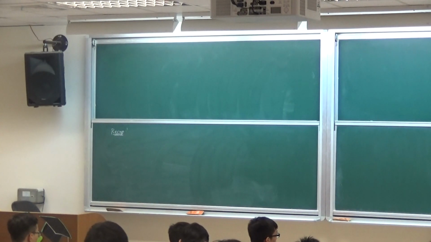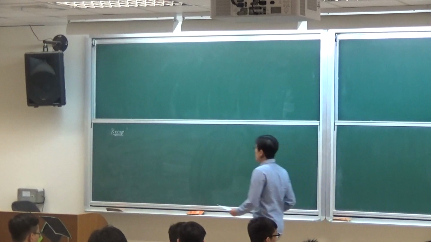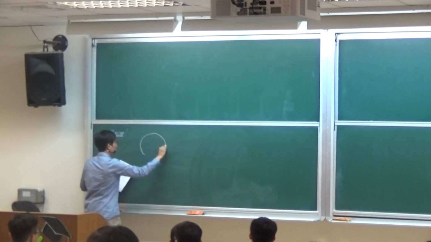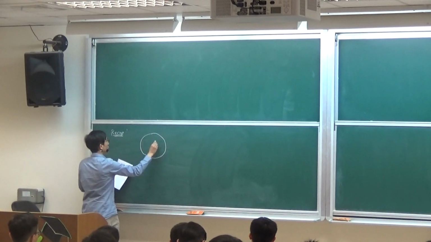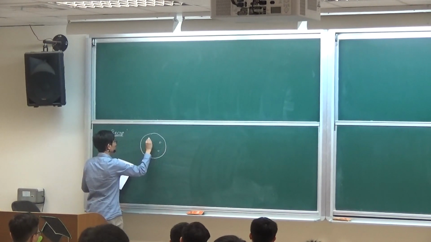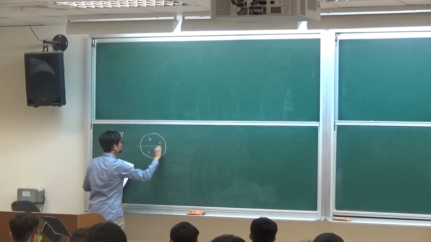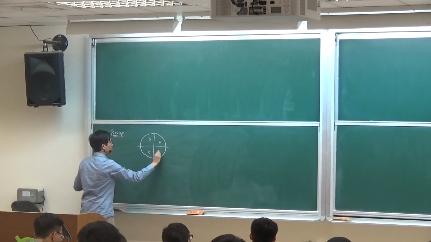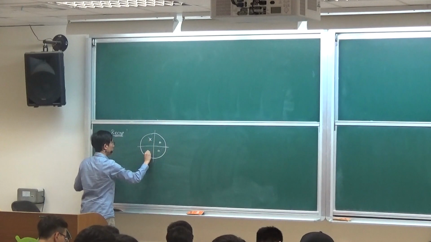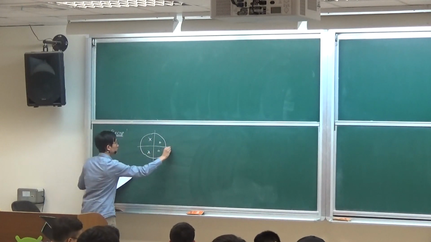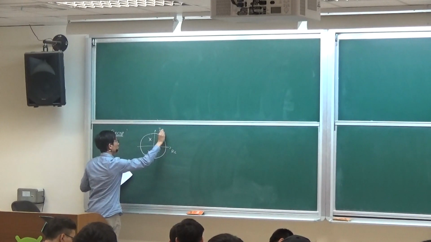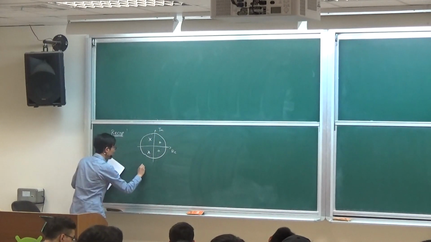And the last time, we said if all the poles and zeros, let me just draw all of them, are inside the unit circle, this kind of system is a minimum phase system.